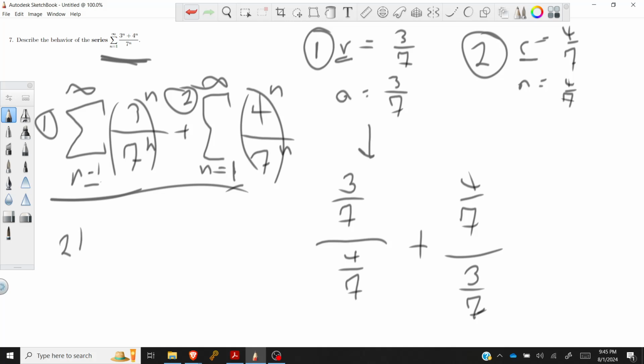So that's 21 over 28 plus 7 times 4 over 7 times 3 is 28 over 21. Let's see what that is equal to. 28 plus 21 is 49. Divided by 28 plus 21 is 49.